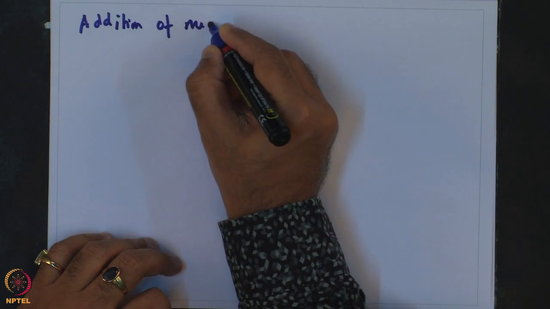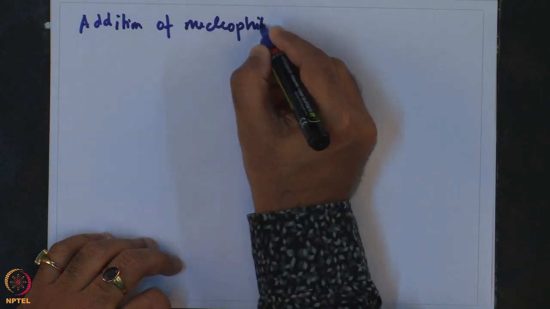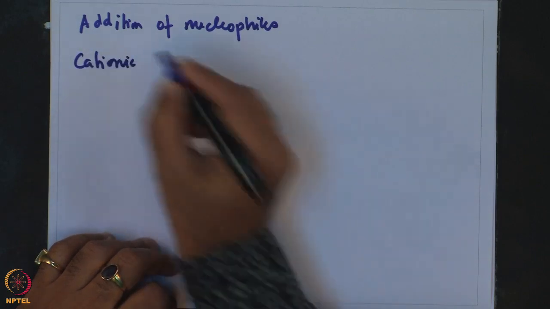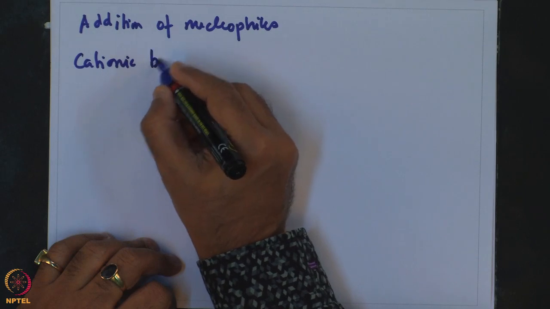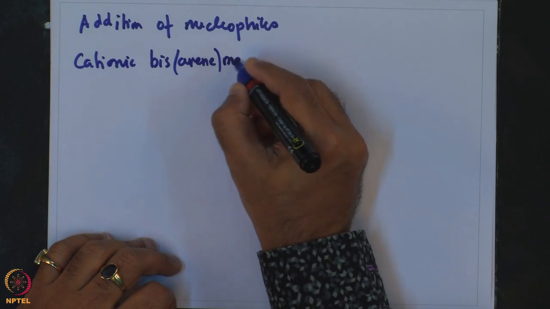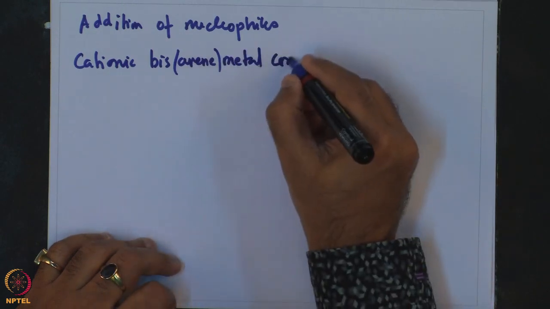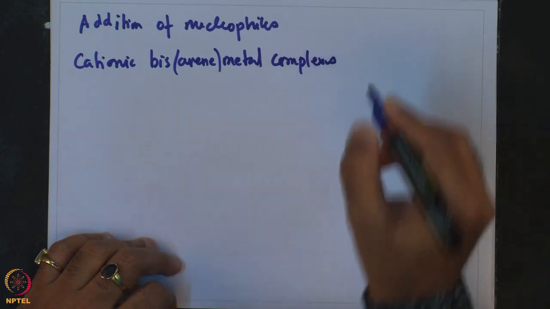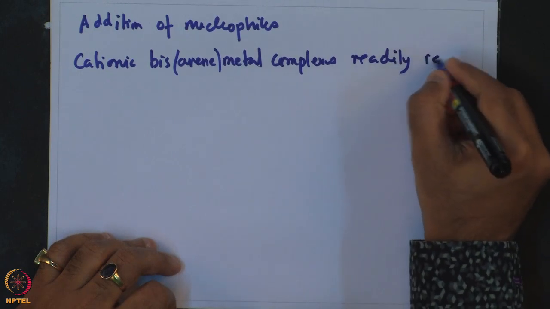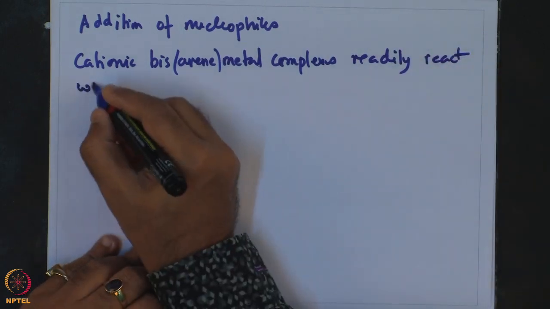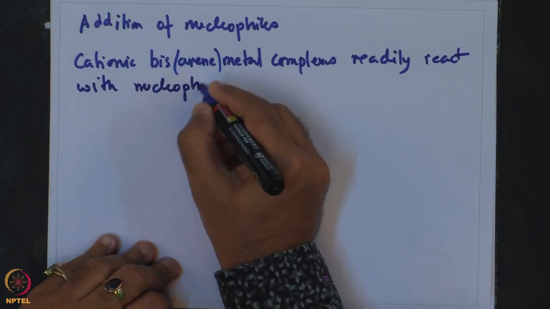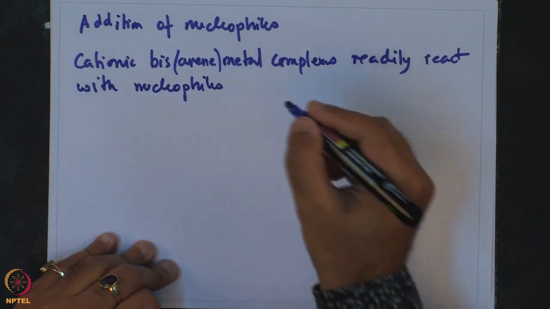Cationic bis arene metal complexes readily react with nucleophiles by ring addition.